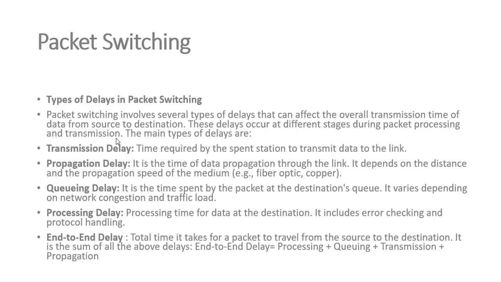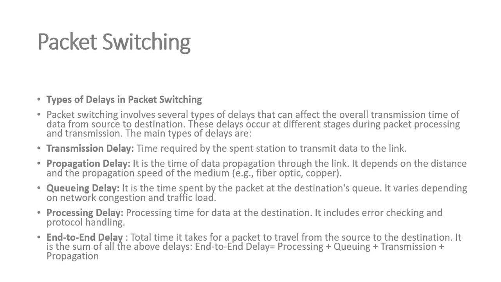What are the delays that happen in packet switching? While transferring the data there could be delays. Transmission delay is the time spent in order to transfer the data. Propagation delay depends on the distance and which cables you have used.